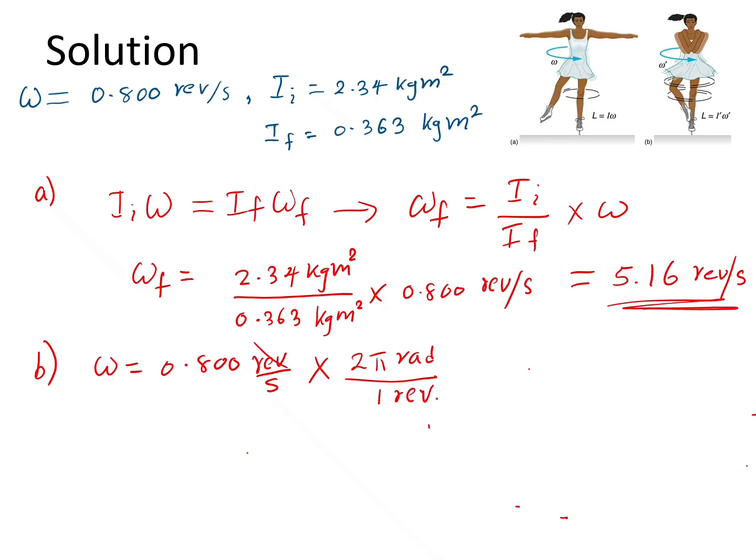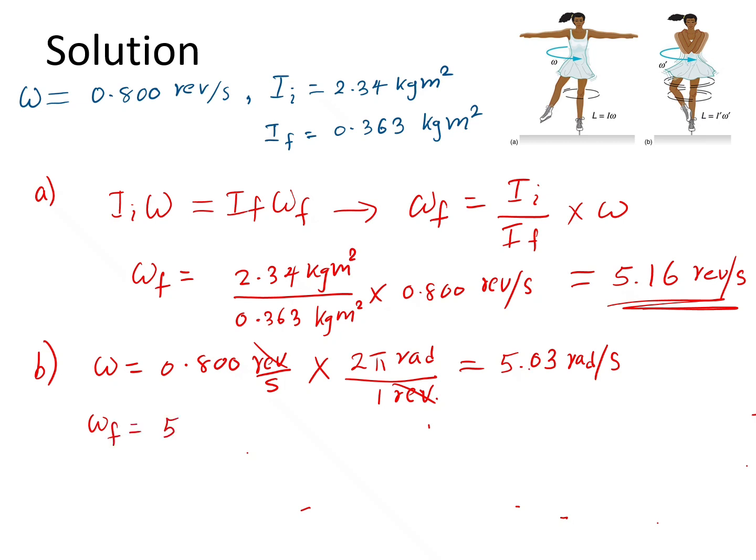And then revolution cancels out, giving us our answer for the initial angular velocity, 5.03 radians per second.